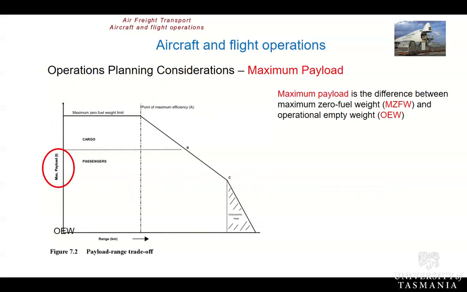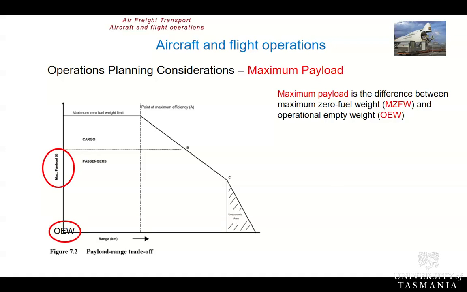And that gives us what we can call a maximum payload opportunity for every single aircraft. The maximum payload opportunity is the difference between the maximum zero fuel weight and the operational empty weight.